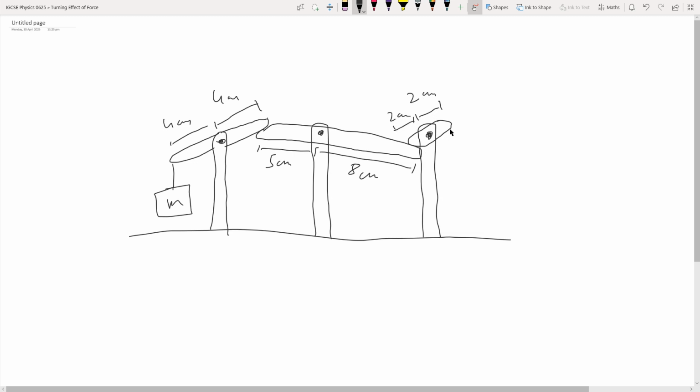Now I want to lift this up. Definitely I need to push this up so that it rotates up. When it rotates up, it will push this bar down, and that will lift this object up, right?